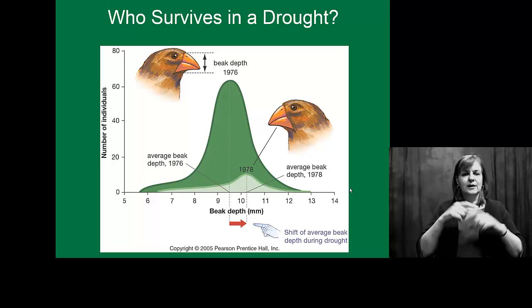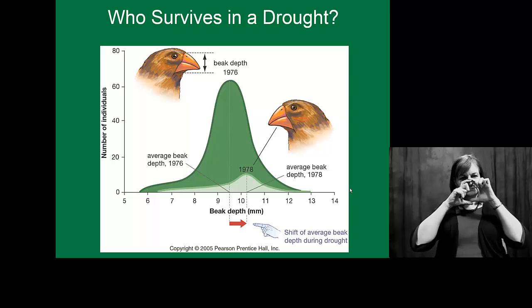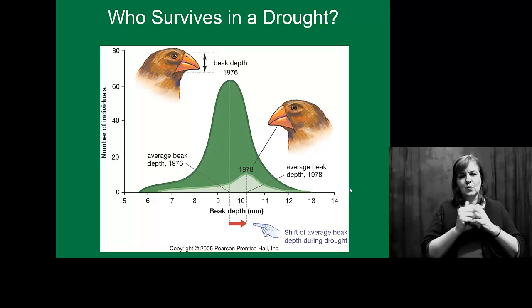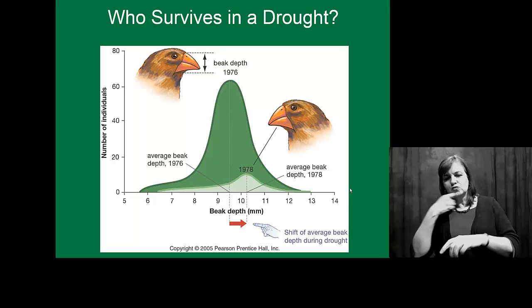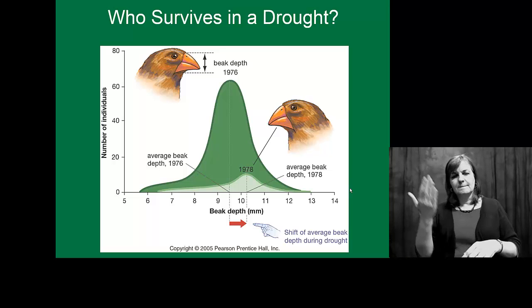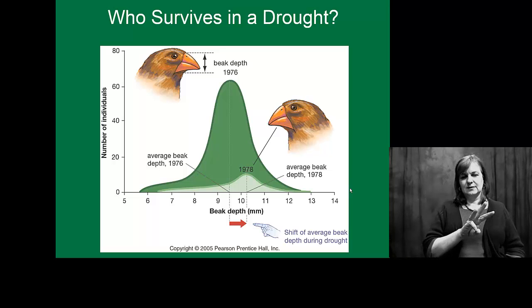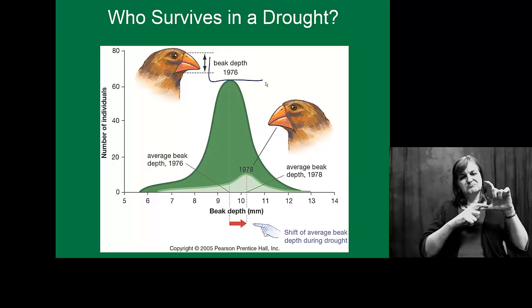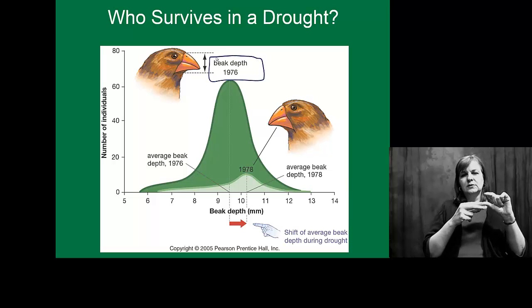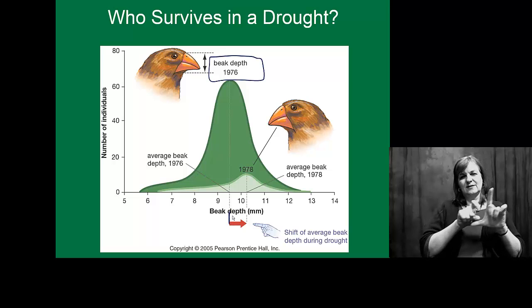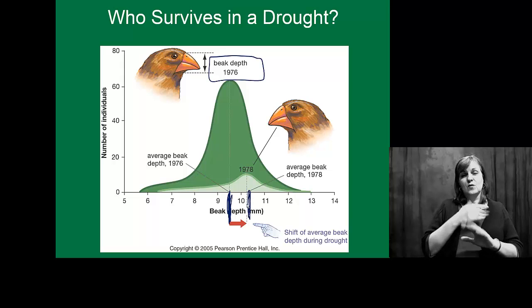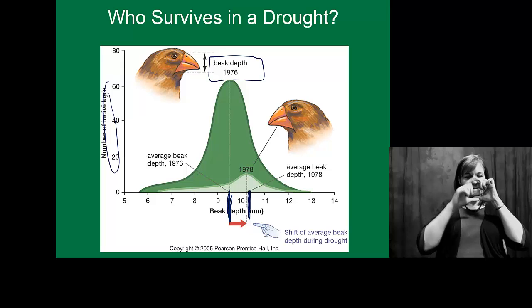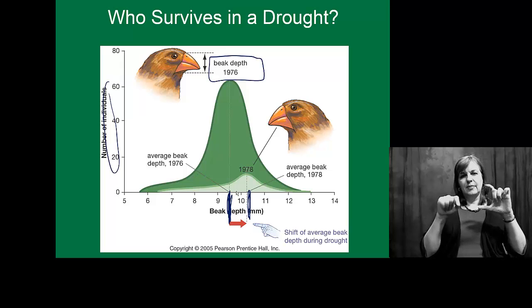So the pre-drought beak depth versus the depth associated with this drought is pretty significant. So in 1976, we actually see the beak height being shorter. So beak height or beak depth is on our x-axis here, and number of individuals is on our y.